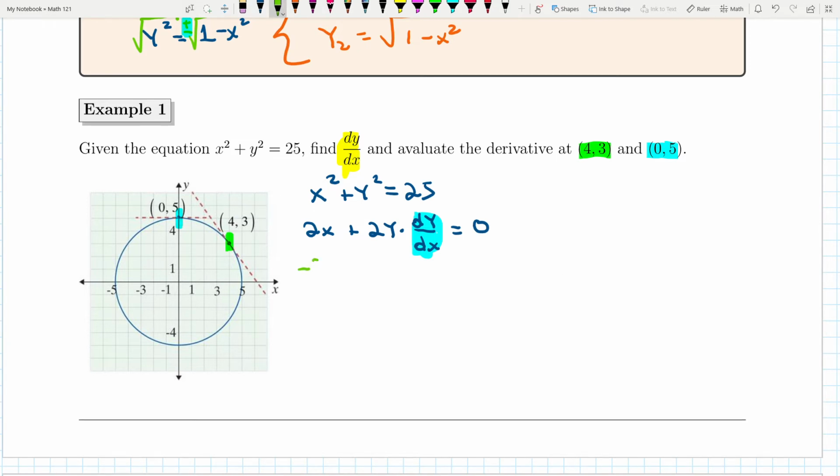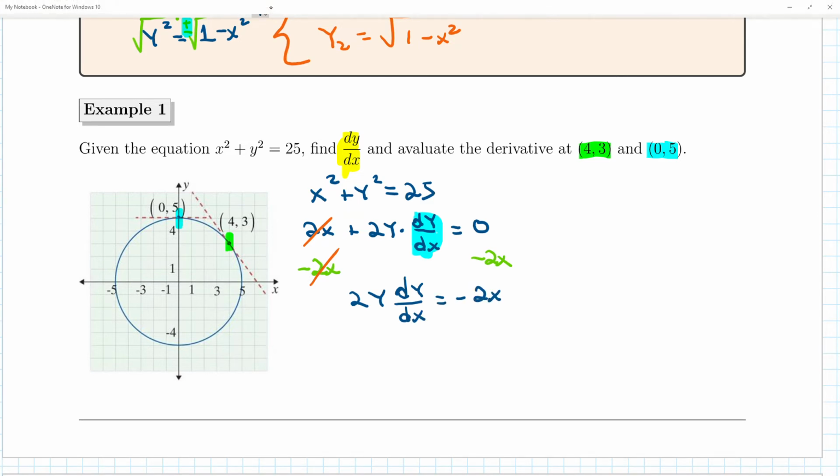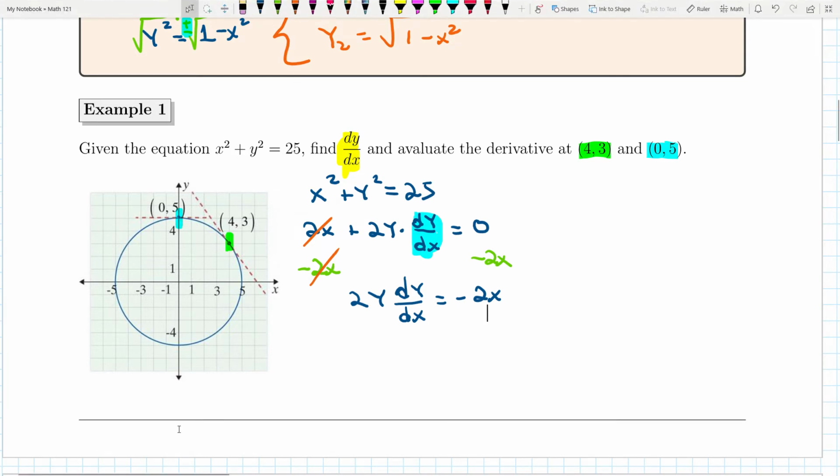Let's subtract 2x on both sides to get 2y dy/dx equals negative 2x, and divide both sides by 2y.